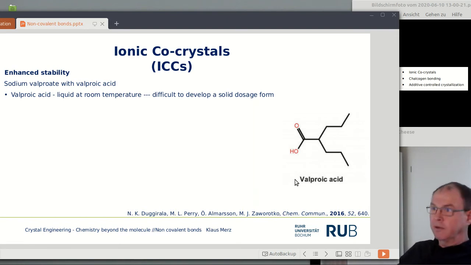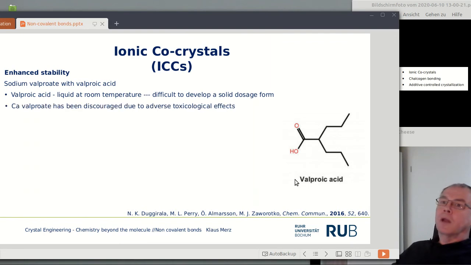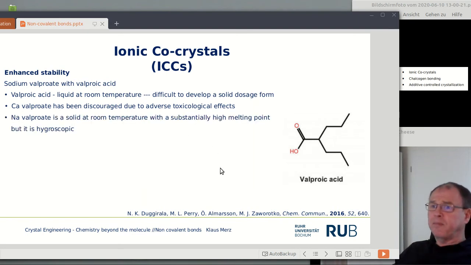On the other side, if you look at the salts of valproic acid, calcium has a high toxic effect, and sodium valproate, for example, is hygroscopic and has a high melting point. So the trick is a mixture of a salt and a free acid.